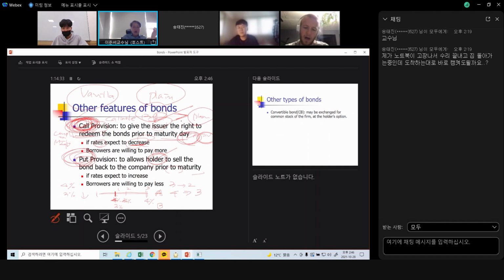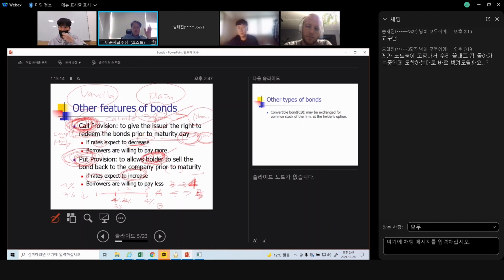Okay? In the opposite way, puttable bond is what? The bondholder has the right to redeem the bond when the rate is expected to increase. So this is the opposite way. So the current coupon is 4%, but the market return is 3%, but market interest is expected to increase from 3 to 4, then the coupon interest is expected to increase from 4 to 5.